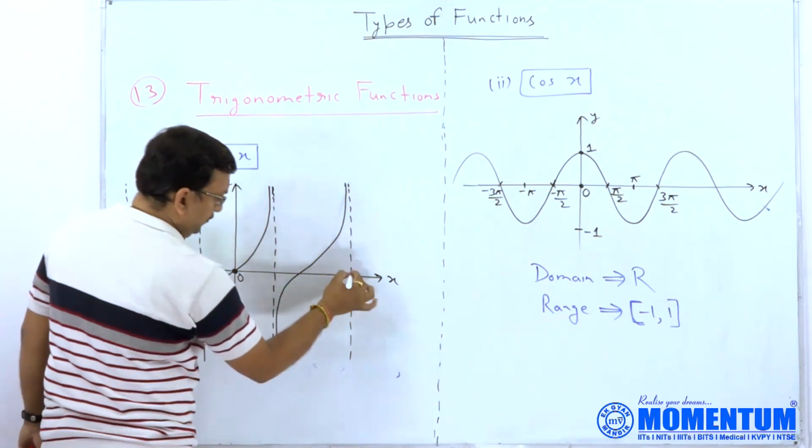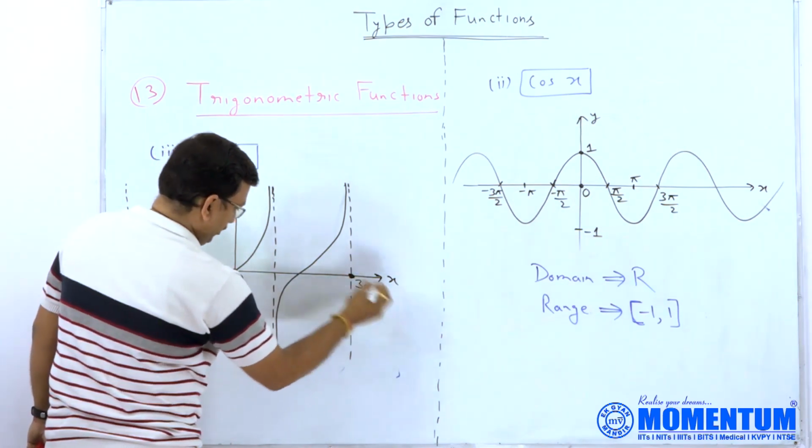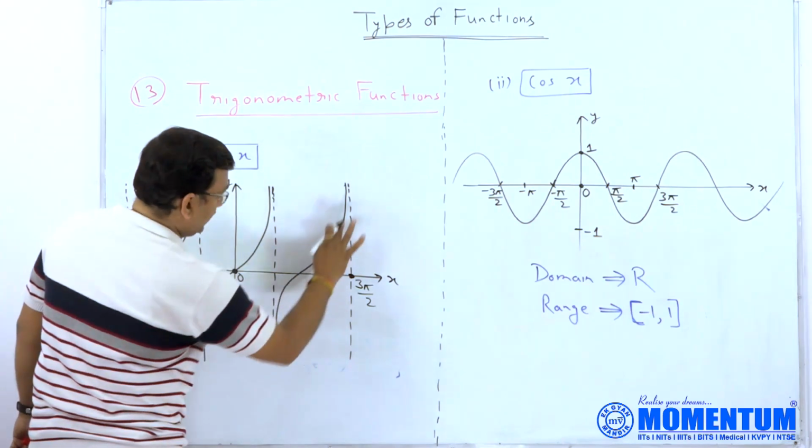Whenever the graph moves towards infinity, we draw vertical dotted lines.